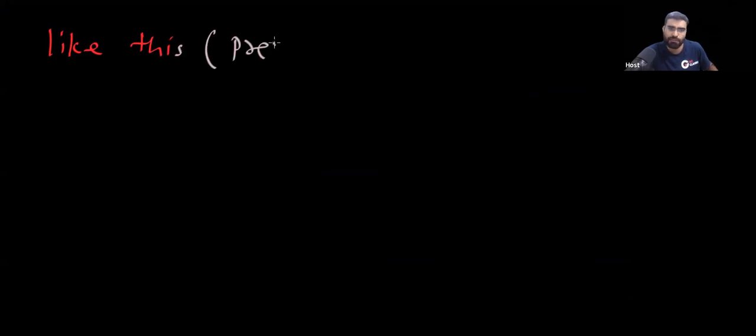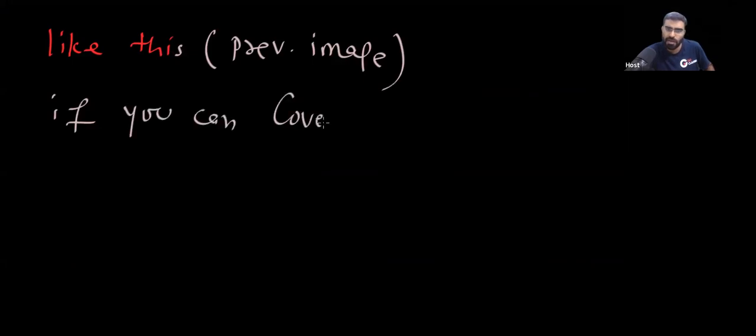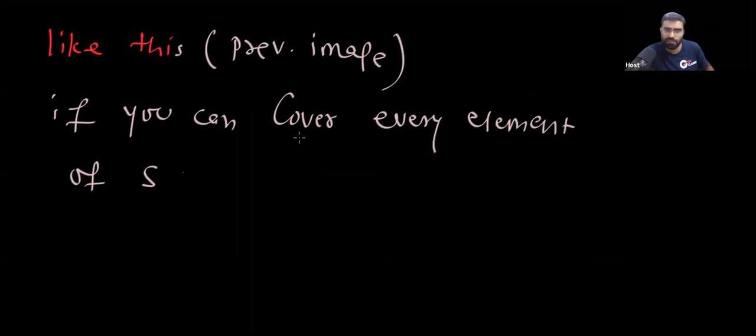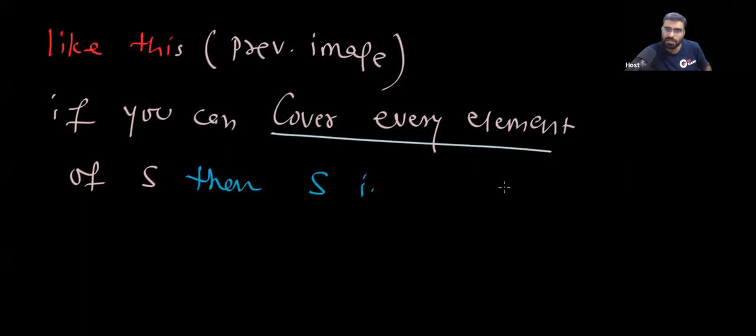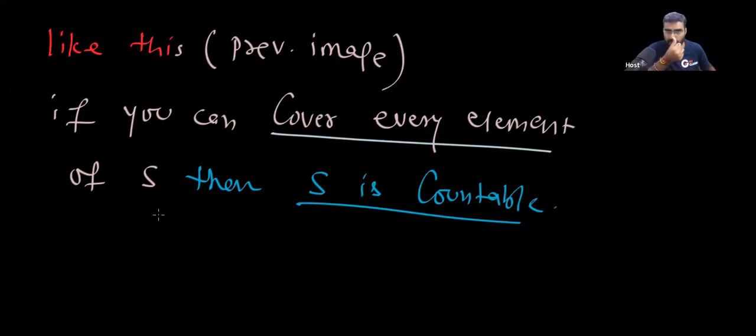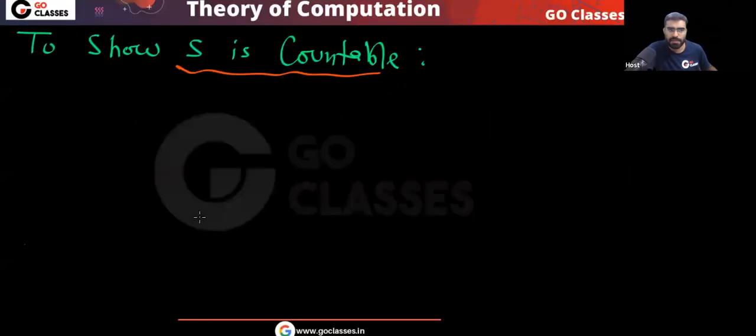If you can cover every element of S at least once, then S is countable. See, this is much easier. Let me tell you, this definition will make your task very easy. So did you understand what you have to do? Please tell me.